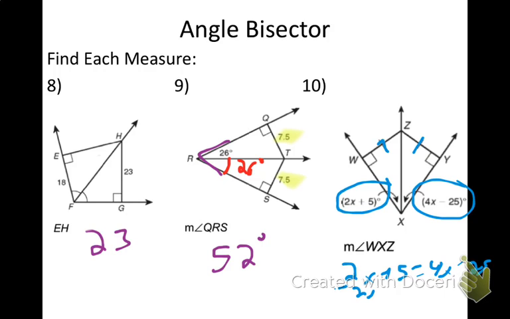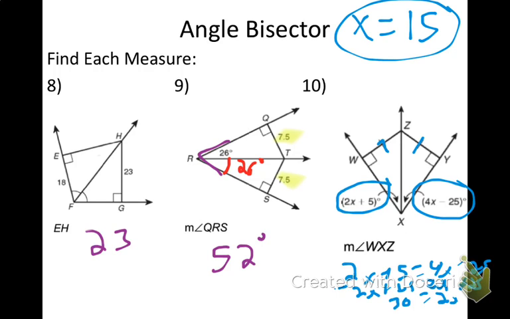So I subtract 2x, add 25, 30 equals 2x. X comes out to be what, Camden? 15? X comes out to be 15. Am I done, Camden? No, you have to plug it in. That equals what, 35? 35 degrees is correct.